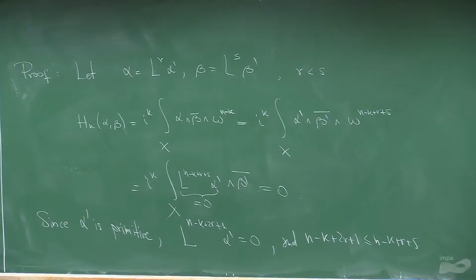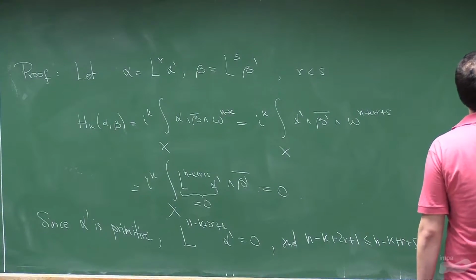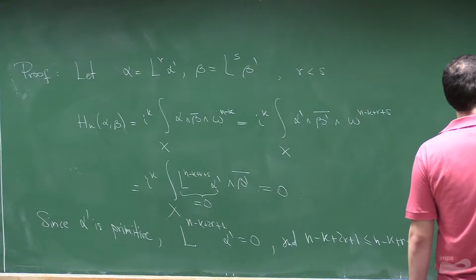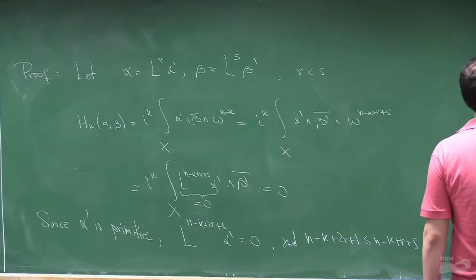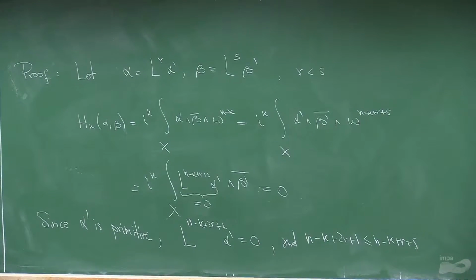Okay, and if r is equal to s, we have that this h_k of alpha and beta will be equal to i to the k, integral over X of L to the n minus k plus 2r.